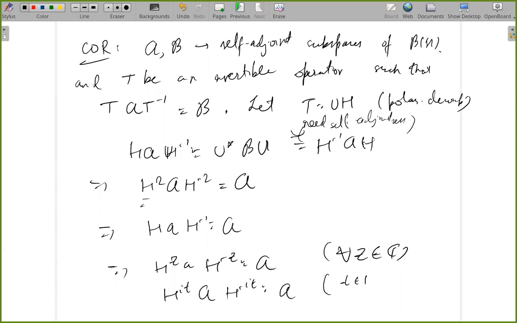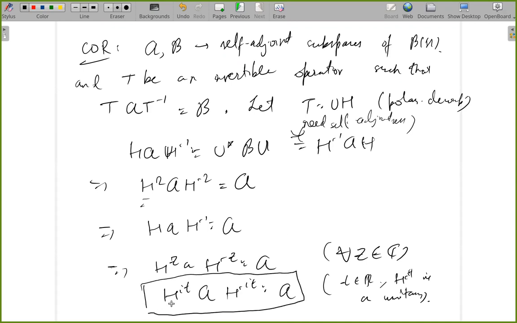So for t belonging to R, H^(it) is a unitary. These were some conclusions. Oh yeah, and there is one more conclusion. Keep this in mind, once we hit Tomita's theorem, you'll see this phenomenon. This is one observation.